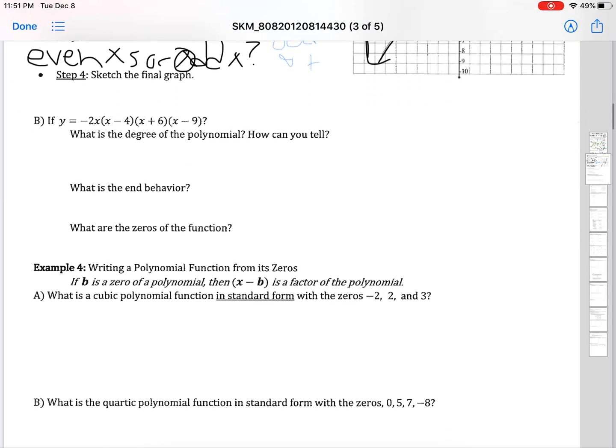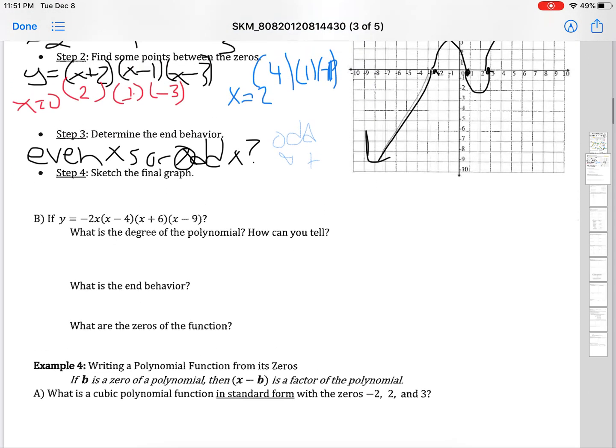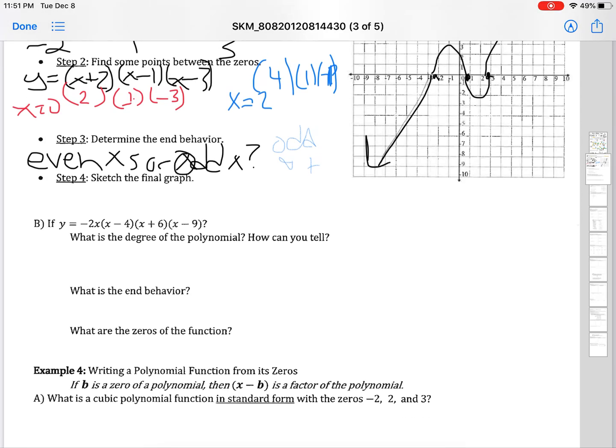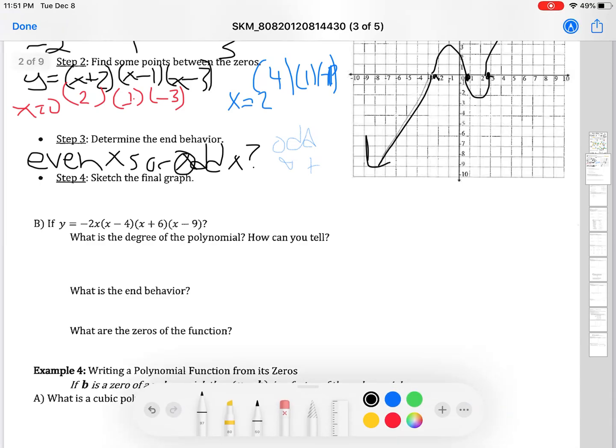All right? So B, it's asking here kind of a little bit more simplified version. What's the degree of this polynomial? So again, how many x's? So the degree would be x to the 4th, because if I multiplied it all together, that's what the leading term would be, x to the 4th. Okay, I could tell that just by multiplying or distributing it all together, right?